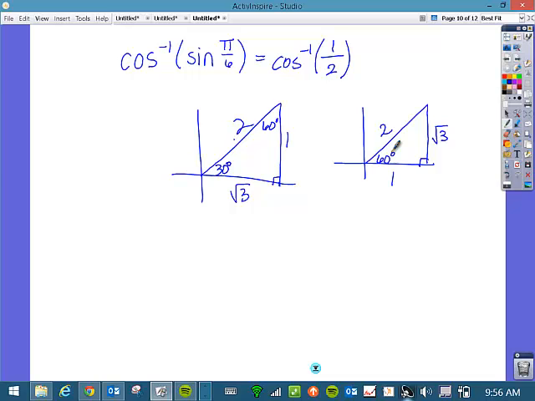So what is cosine inverse of 1/2? Well, it's 60 degrees, which is pi over 3. So in this problem, you actually had to draw a new triangle. Once you got to cosine inverse of 1/2, you need to draw a new triangle. Cosine is positive in the first quadrant. Cosine is adjacent over hypotenuse, so the adjacent side is 1, the hypotenuse is 2. Then you can use that to find that angle.